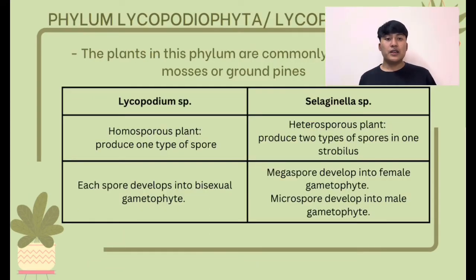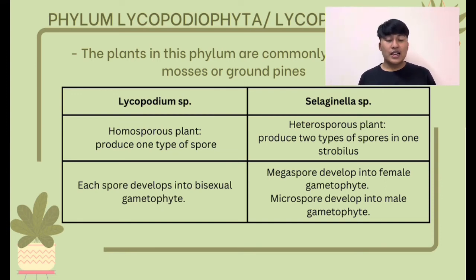The first phylum is phylum Lycopodiophyta, also known as Lycophyta. The plants in this phylum are commonly called club mosses or also ground pines. The main comparison plants of this phylum are, the first one Lycopodium sp and the second one Selaginella sp. Lycopodium sp is a homosporous plant.